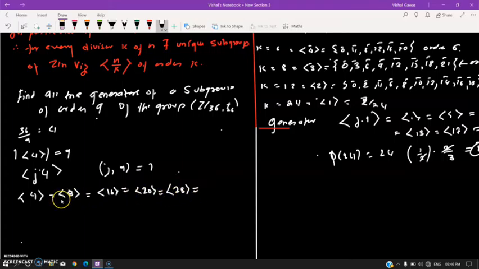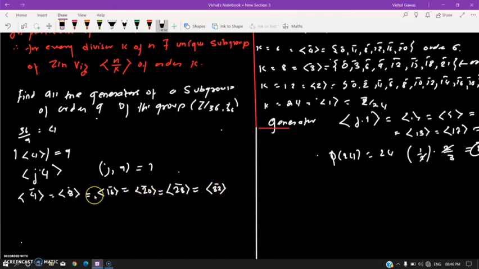And 8 with 9 is also 1, right? So that would be 32. And this bar here, don't forget it, just implies that they are equivalence classes.